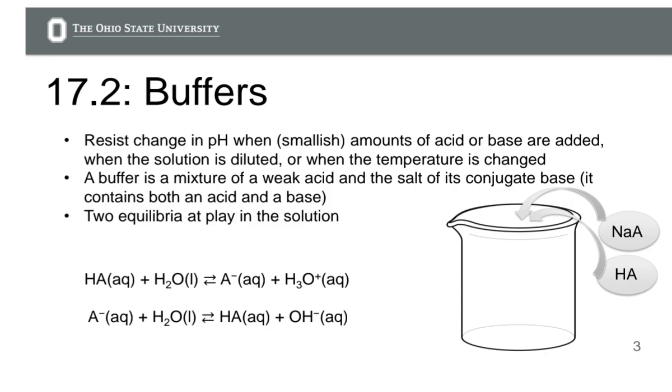The purpose of a buffer is to resist change in pH. So often we want to perform a reaction at a particular pH, and a lot of the biochemistry people do is done at a certain pH, and so they'll use buffers.